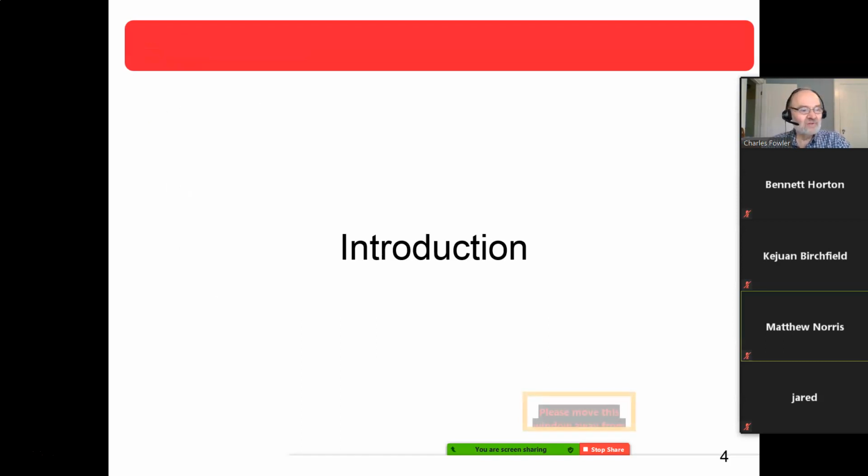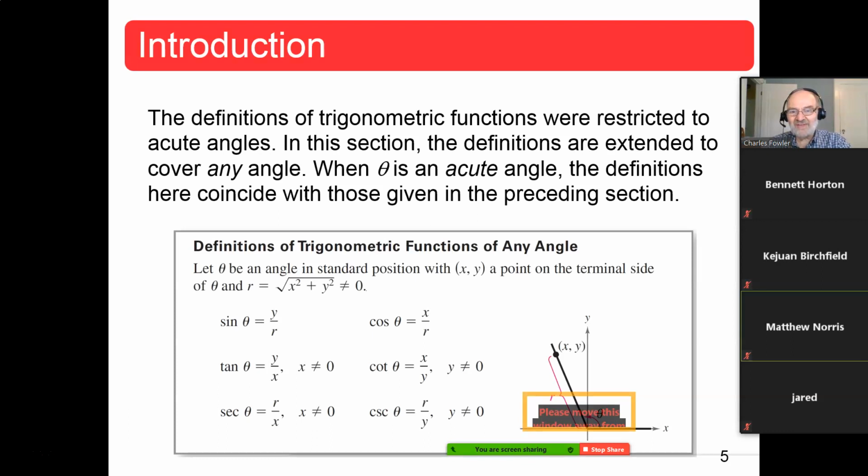Okay. So introduction here: have you seen these before? The definition of trig functions were restricted to acute angles. In this section, the definitions are extended to cover any angle. When theta is an acute angle, the definitions here coincide with those in the previous section.